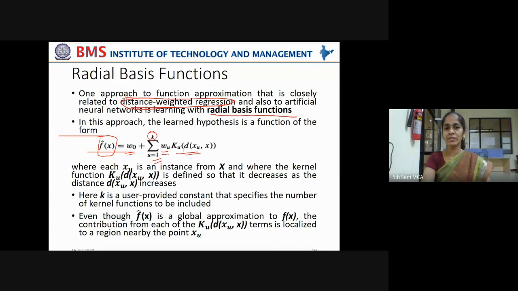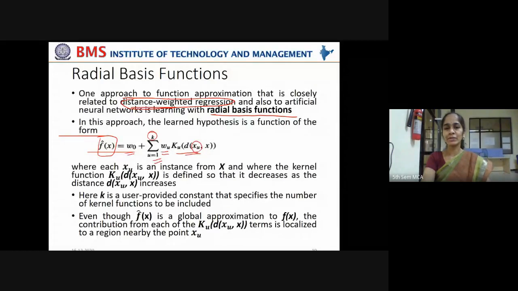Instead of q, you're just taking it as u, where u is the instance now. Okay, both are same. Ku, distance of xu from x.